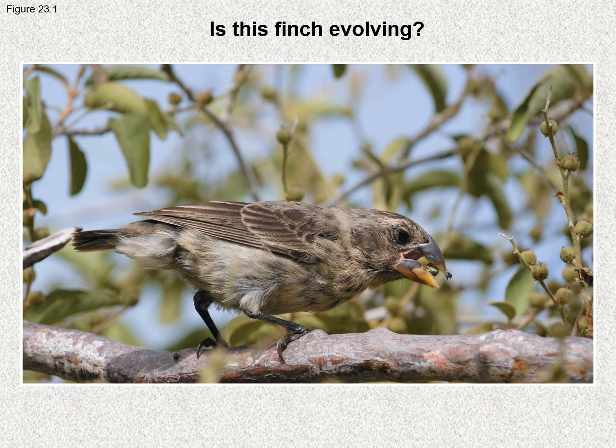Basically, no. So you can't really tell whether a particular individual within a population is evolving. It's an entire population that can be observed as evolving, and it takes a long time. So that's the point here. Individuals do not evolve, populations do.